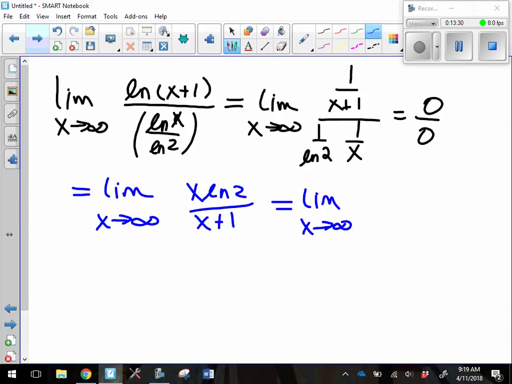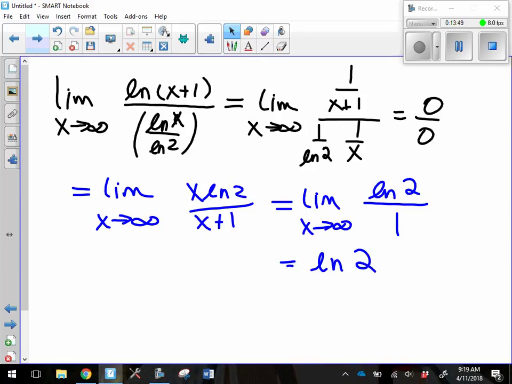So what's the derivative of the numerator going to be? ln 2. And what's the derivative of the denominator going to be, Rebecca? 1. Okay. So my answer is going to be natural log 2.